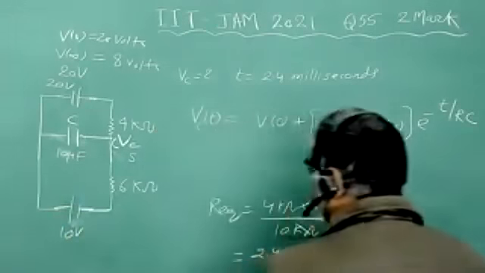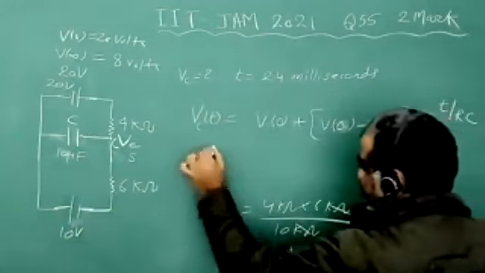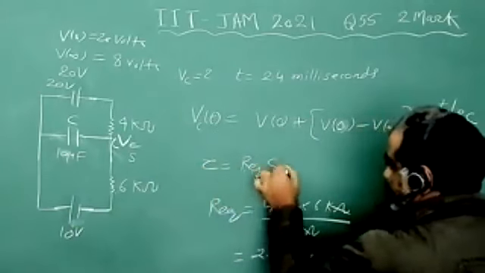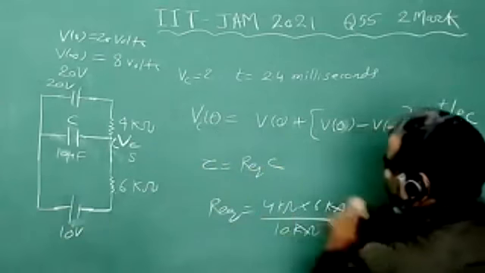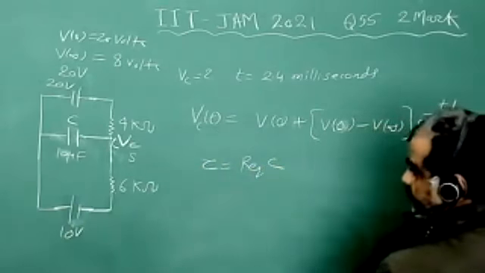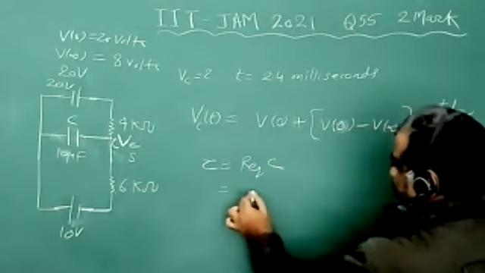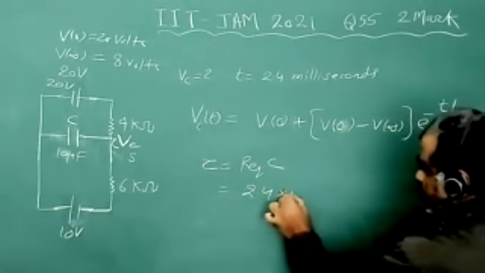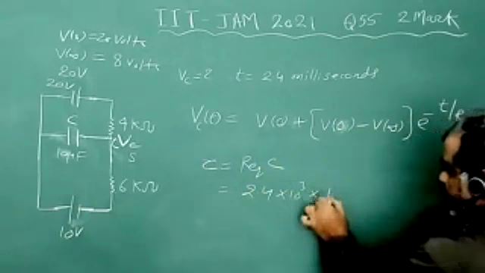Now what will be the RC time constant? Time constant will be R equivalent into C. R equivalent is 2.4 kilo ohm, and C value is 10 microfarad.